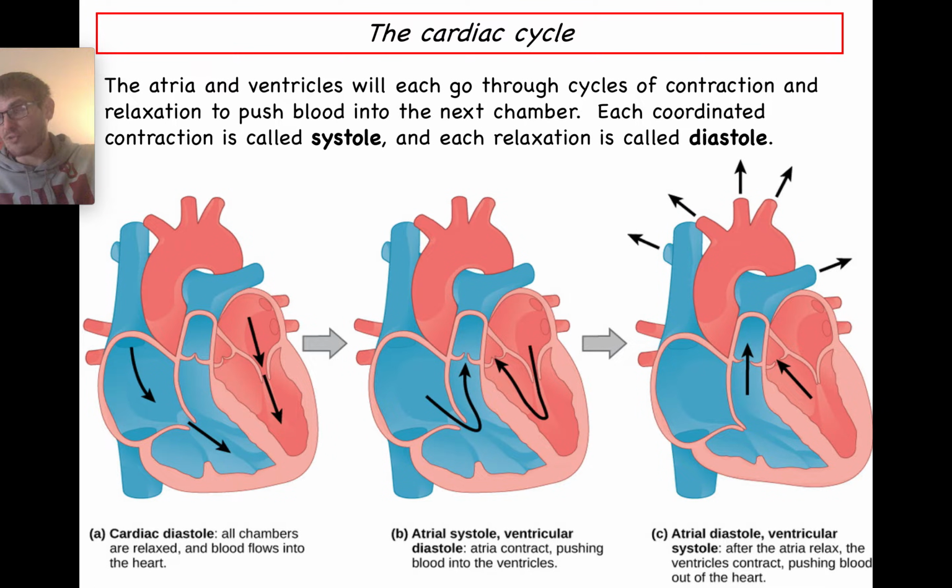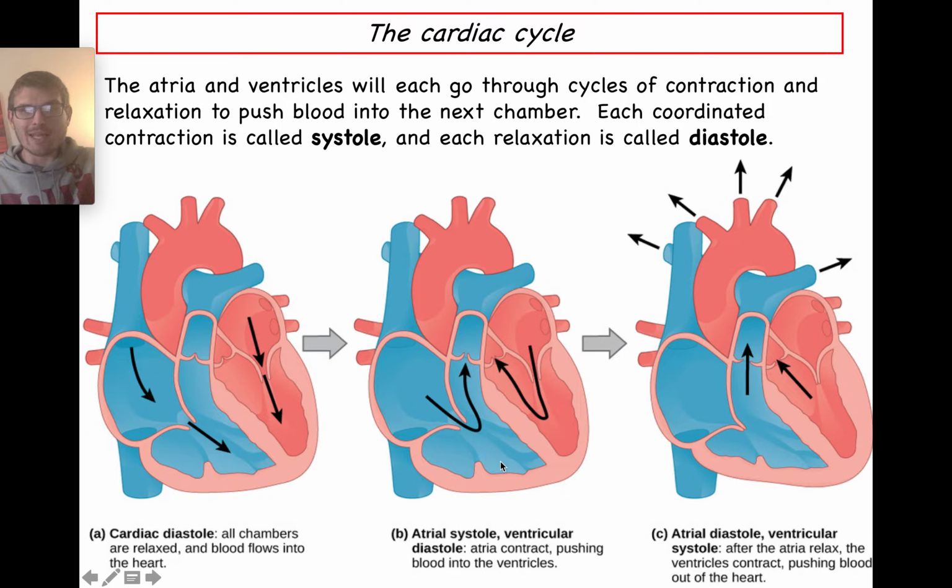So the ventricles stay relaxed, but the atria contract. When the atria contract, that pushes a small volume of blood from the atria into the ventricles. Keep in mind, we've already done most of our ventricular filling by this point, so we're adding just a little bit of extra on top of that.